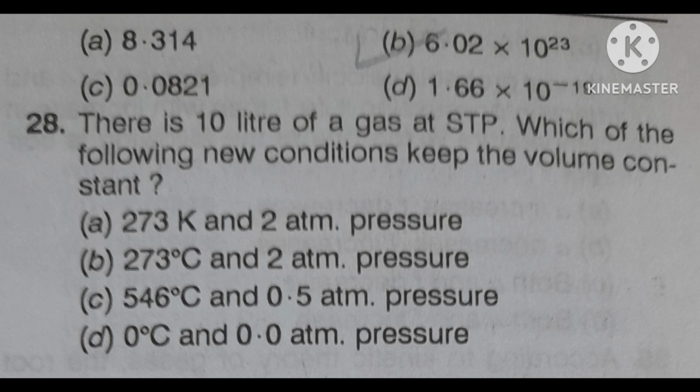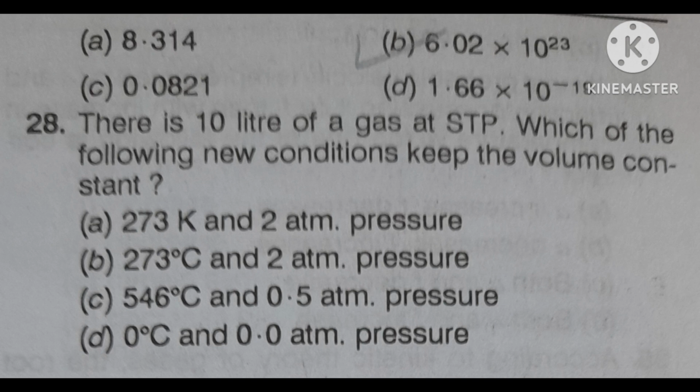One more time I am reading the question. There is 10 liter of a gas at STP. Which of the following new conditions keep the volume constant? First option 273 K and 2 atmospheric pressure. Second 273 degrees centigrade and 2 atmospheric pressure.